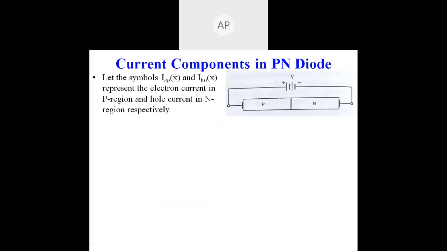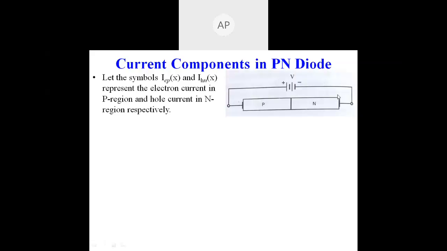Electrons will combine with the holes, and the holes will combine with the electrons. Here the P side and the N side have their carriers. In the P side we have the majority carriers as well as the minority carriers, as holes and electrons respectively.